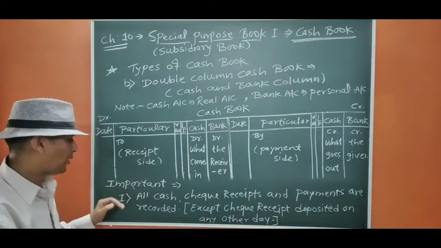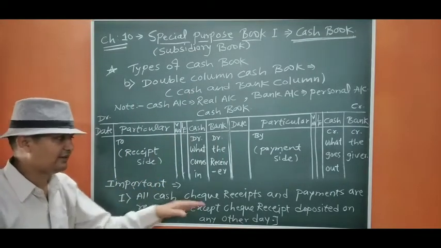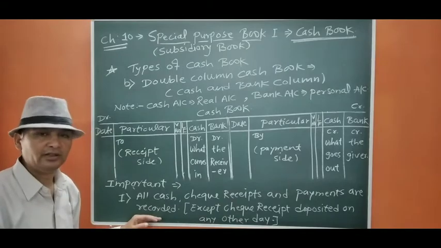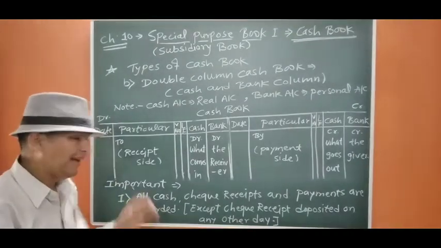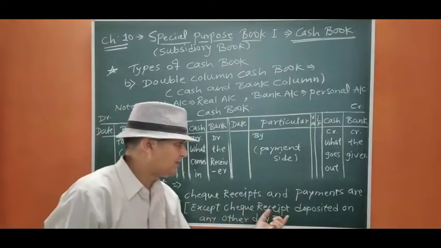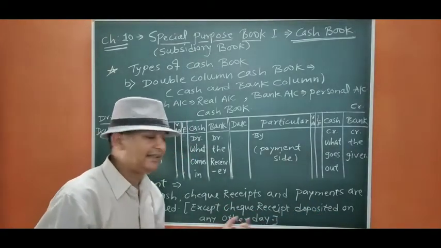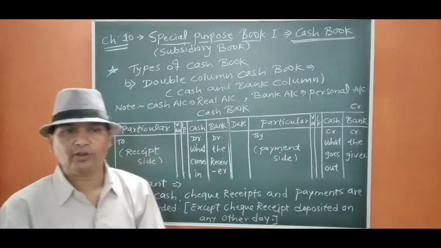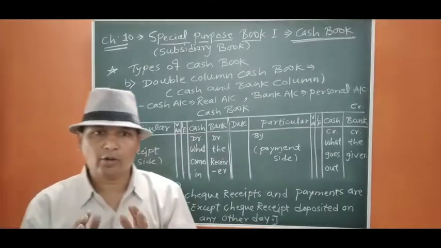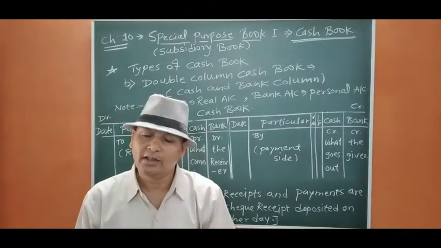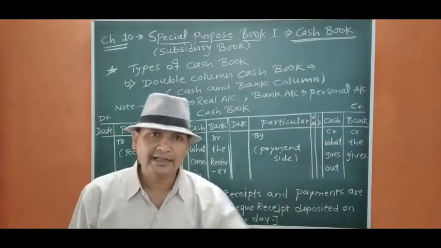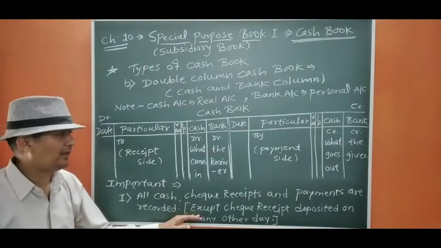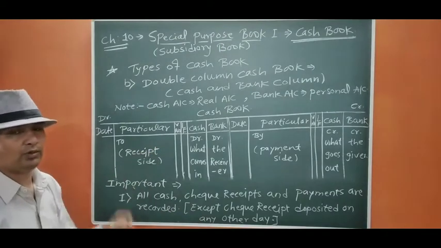Okay. Important. All cash, check, receipts and payments are recorded. All these transactions are going to be recorded here, except check receipts deposited on any other day. That means whenever you have received the check and you have not deposited it into the bank, but you have deposited it later on any other day, such a transaction will not be recorded in the cash book.